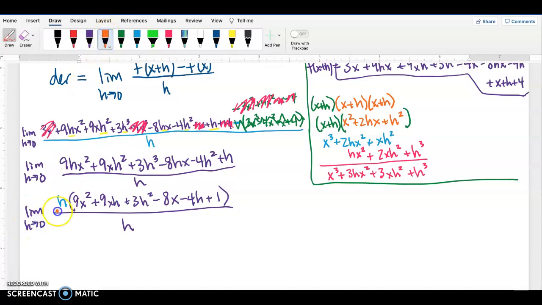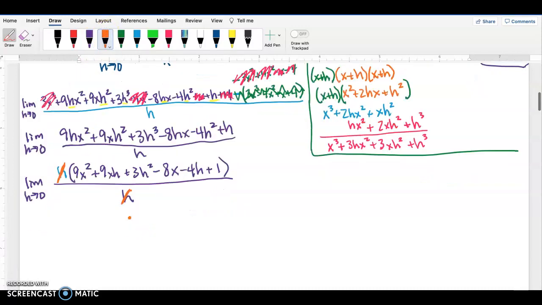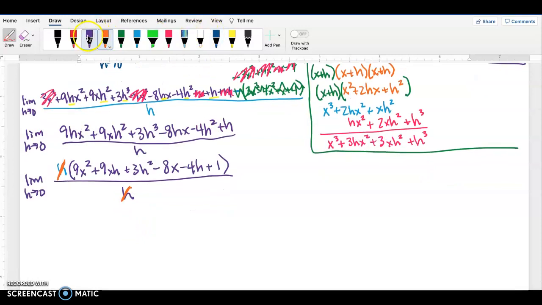And so now I can cancel the h's. Voila. And then we go ahead and apply the limit. So we're going to have 9x squared, plus 0, plus another 0, minus 8x, minus 0, plus 1. So what does that give us? That gives us a function: 9x squared minus 8x plus 1.